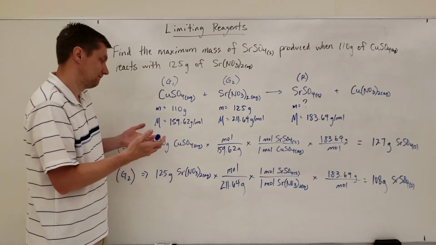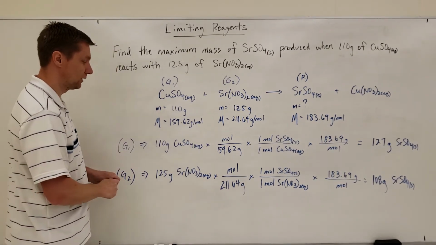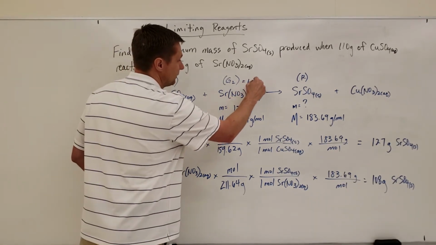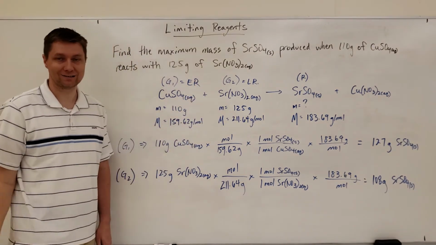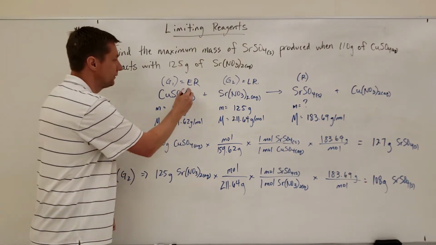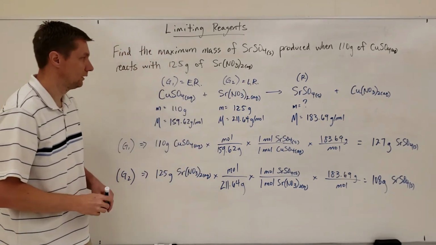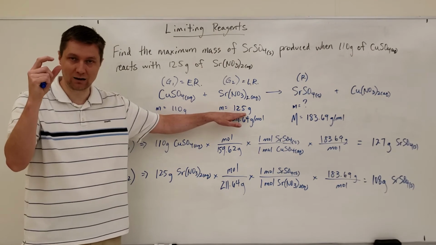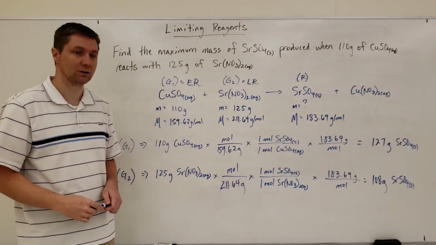And so my limiting reagent for this reaction is, in fact, the strontium nitrate. This is my limiting reagent, and this is my excess reagent, copper sulfate. And you can see here that my limiting reagent is the one that, even though it has a larger mass, is still the one that is going to limit this reaction.